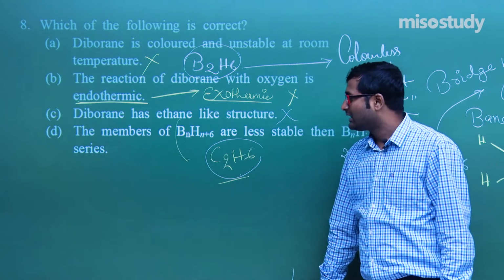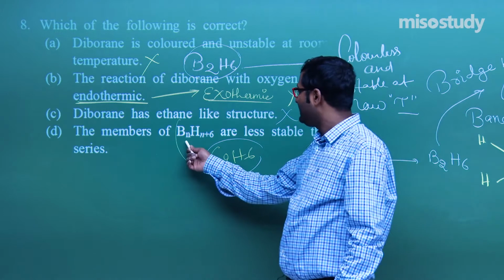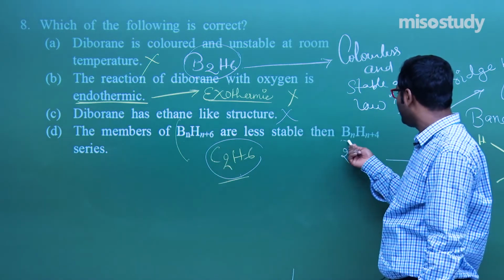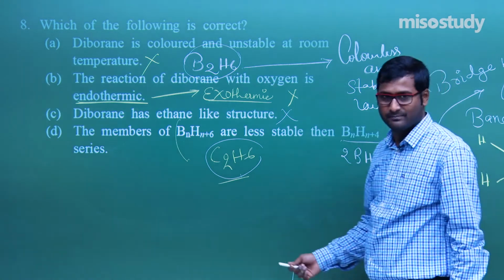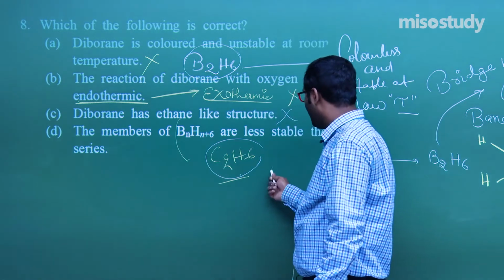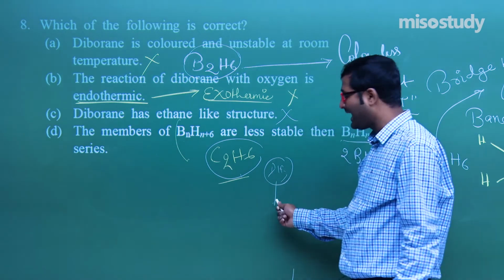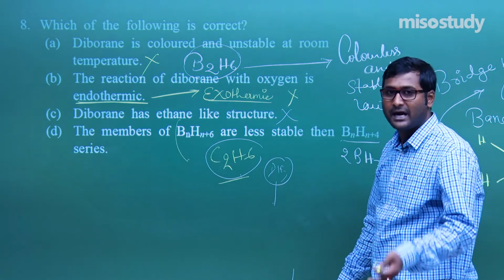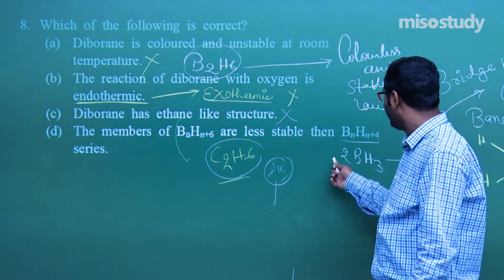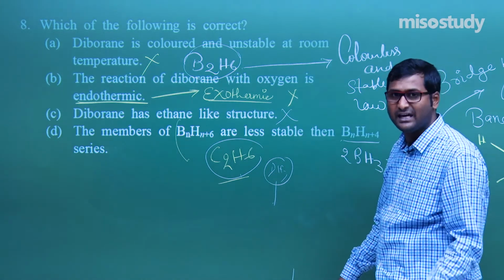Now check it out. The members of BnHn+6 are less stable than the BnHn+4 series. Yes, this is the correct statement. As I told you, boron can form many types of hydrides, that is BnHn+6, BnHn+4, BnHn+5, BnHn+8 also.